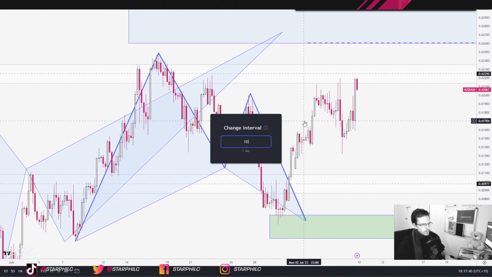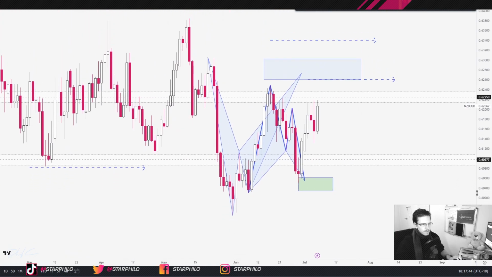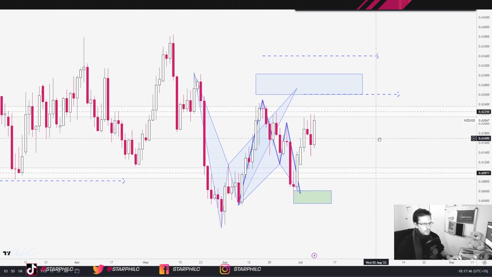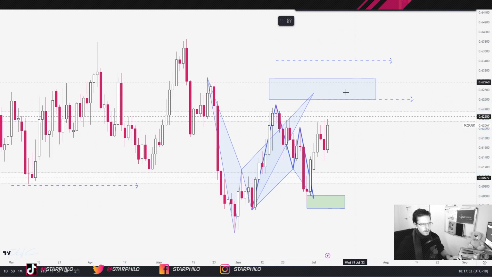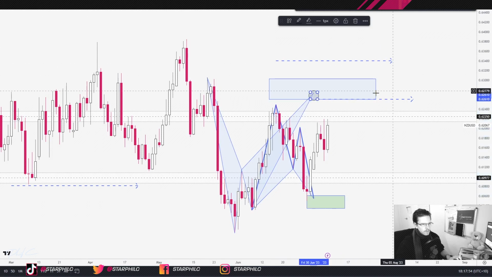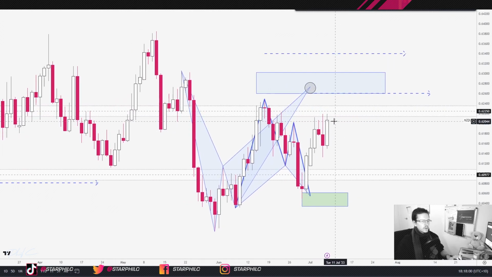Okay, but back over on the daily, this is still a waiting game from here. Still a waiting game right up here. This is the 886 that I'm waiting for and paying attention to on the Kiwi dollar, but we need price action to move up just a little bit more to give us that entry right there.